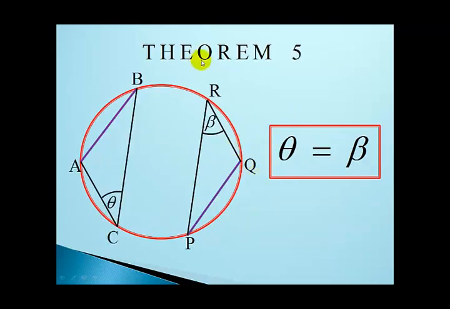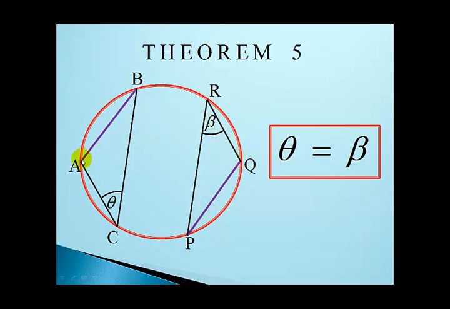Now let's consider theorem 5. AB is a chord, and the chord AB subtends an angle of theta at the point C. PQ is also a chord, and the chord PQ subtends an angle of beta at the point R on the circumference.